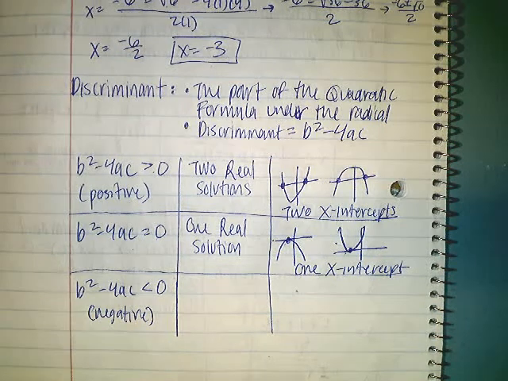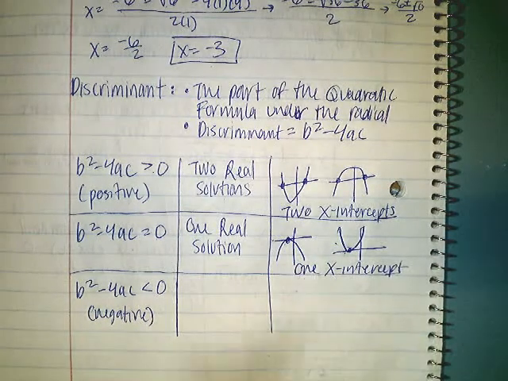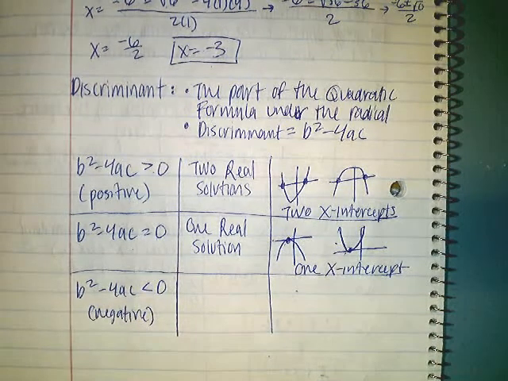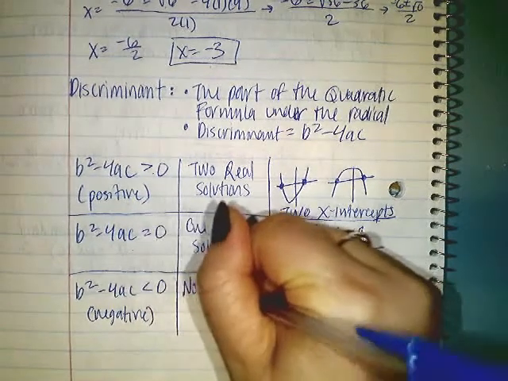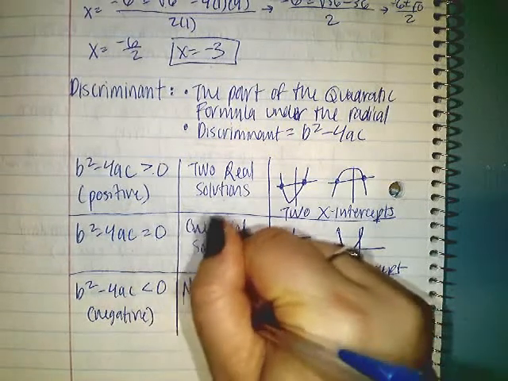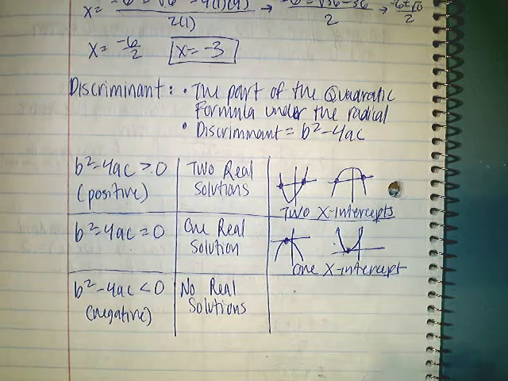Our last case: if it's less than 0, we can't take the square root of a negative number. So we can't take the square root of a negative discriminant, and we end up with no real solutions. We'll end up with complex or imaginary solutions, but we'll talk about those later.